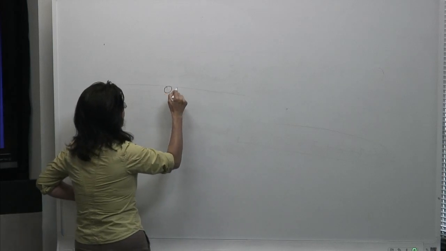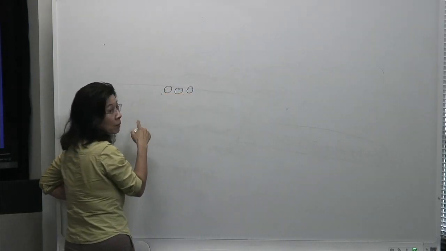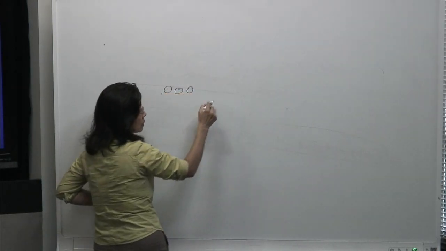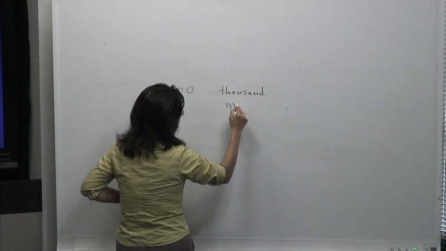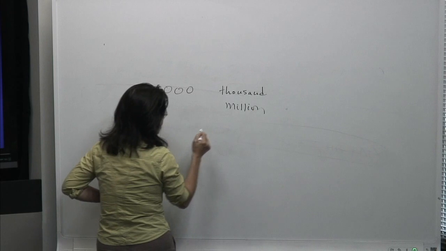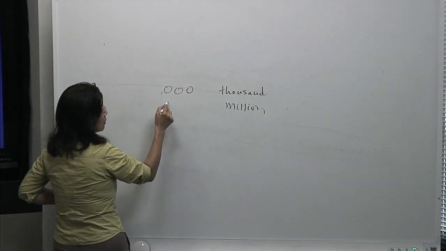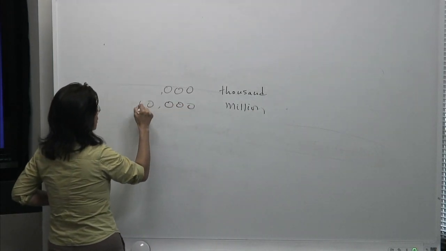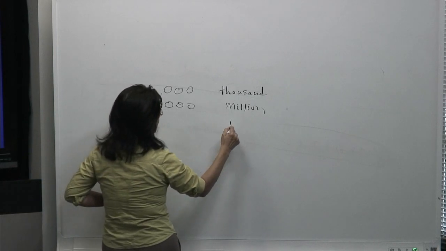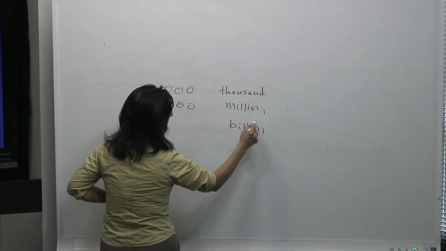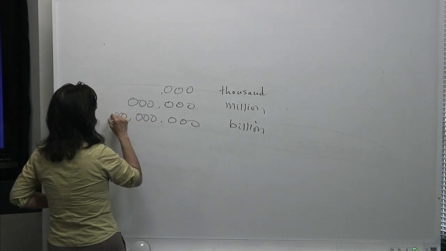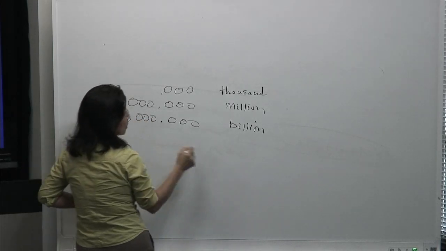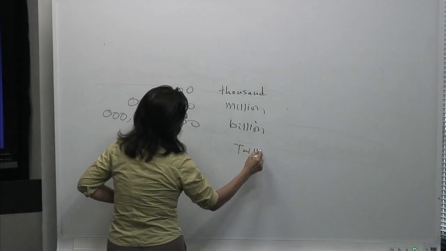Okay, so if you have 3 zeros, in English we call this 1,000. How many zeros are there in a million? Six. Very good. How many are there in a billion? Nine. How many are there in a trillion? Twelve.